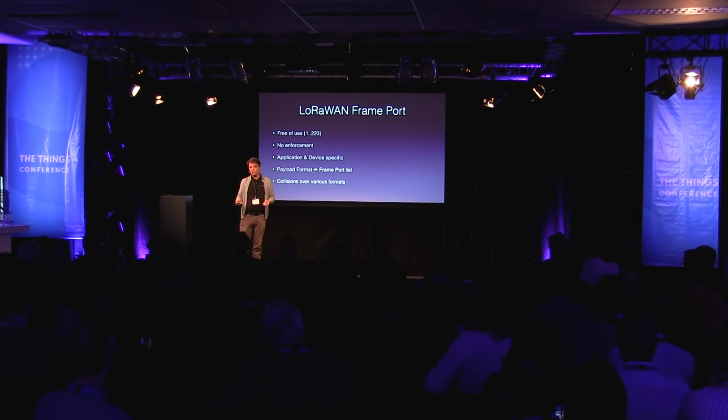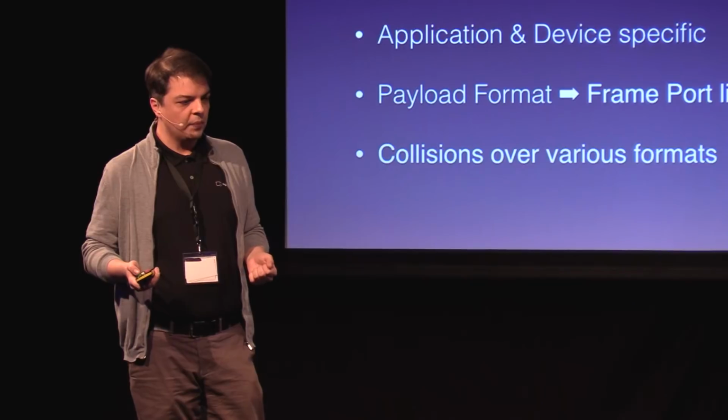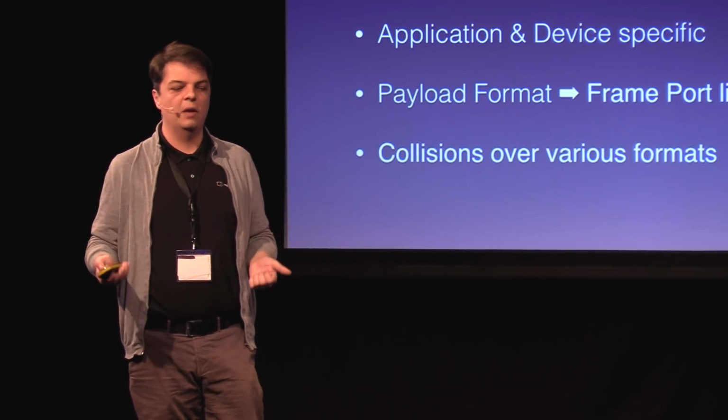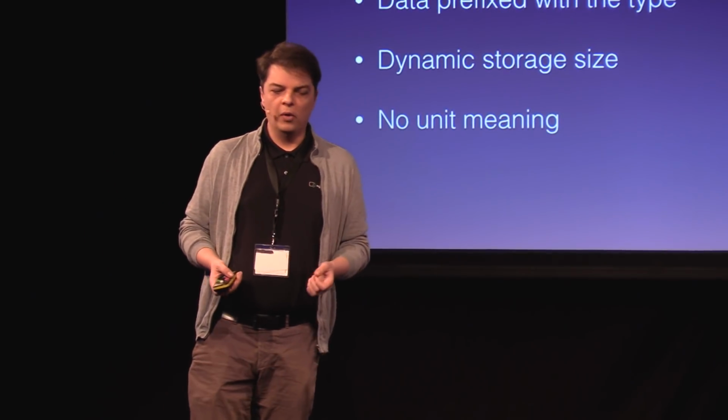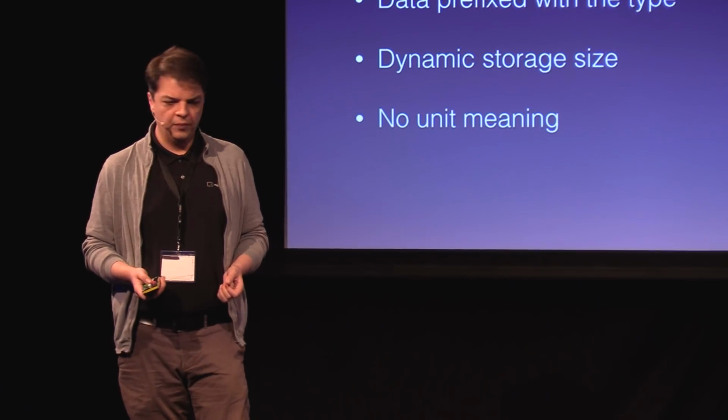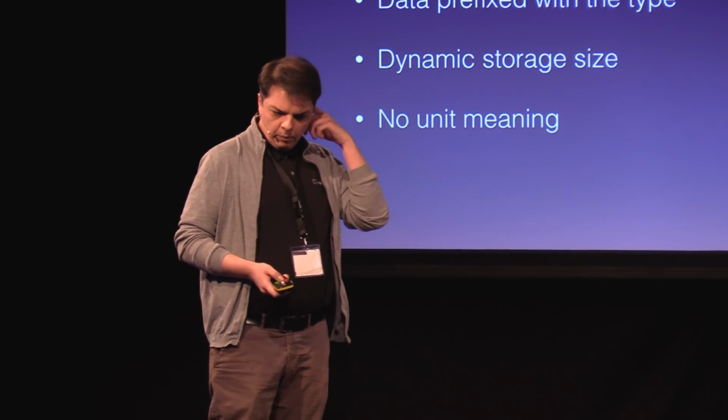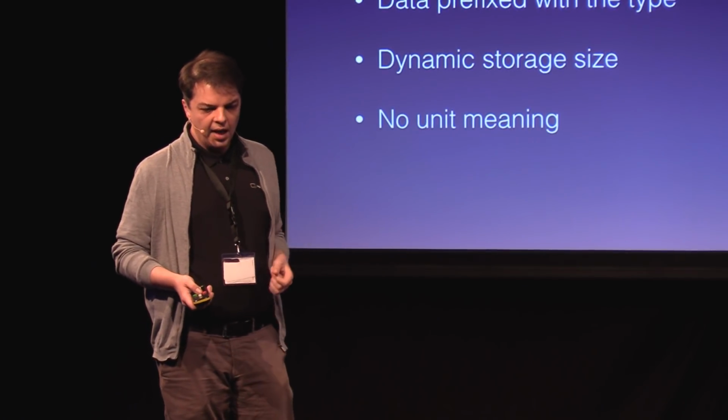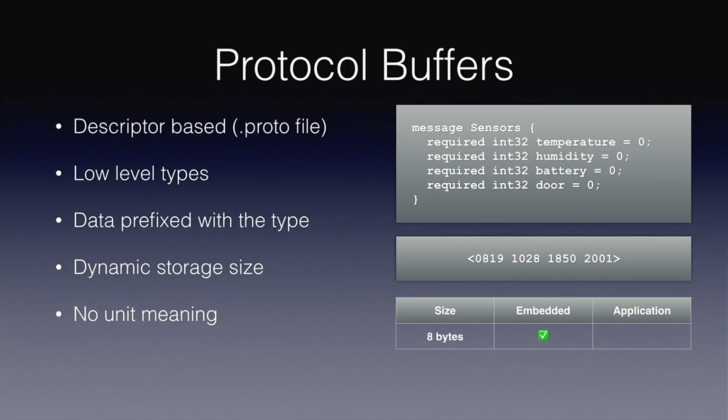Instead, we need to use something different and make the format describe itself. A good option is protocol buffers. Maybe you are aware of that. Protocol buffers is based on a descriptor file, a proto file. You can see an example on the right. So here I defined a sensor message with a temperature, a humidity, a battery, and a door information.